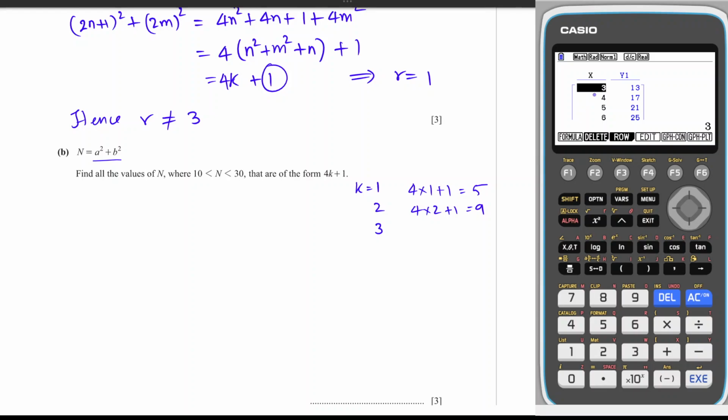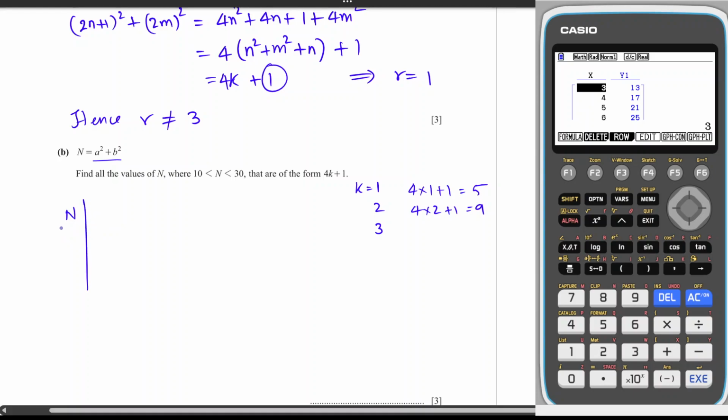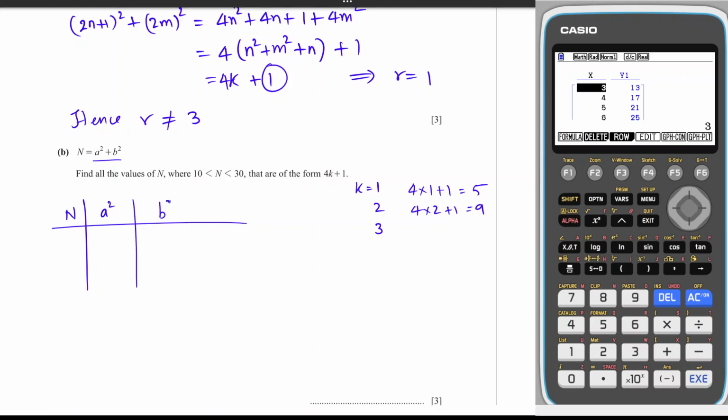So here my n is 13. I'll just draw a table, in fact, with n, a square and b square. We'll see for n equal to 13. In fact, we can just check if it is giving us.